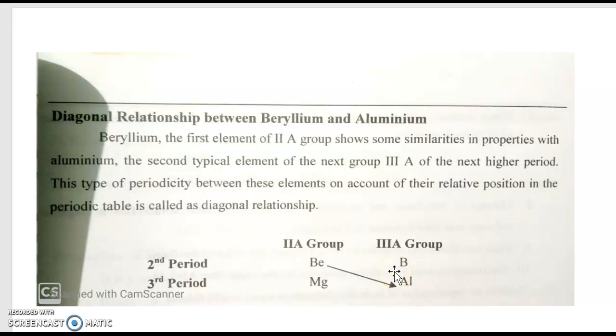On reaction with alkali, they form berylliates and aluminates. These similarities between these two elements are called the diagonal relationship between beryllium and aluminum, or second A group elements and third A group elements.